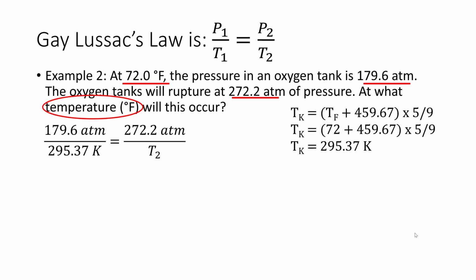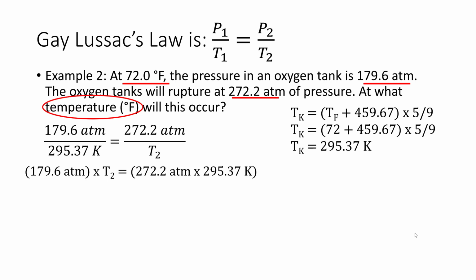Okay, remember the next step is that we need to cross multiply and divide. So we're going to multiply 179.6 times T2, and on the other side we'll have 272.2 atmospheres times 295.37 Kelvin. Remember that 295.37 Kelvin is the temperature that we converted from Fahrenheit.